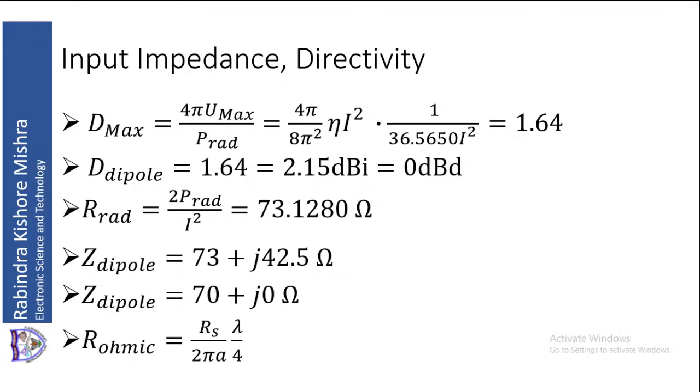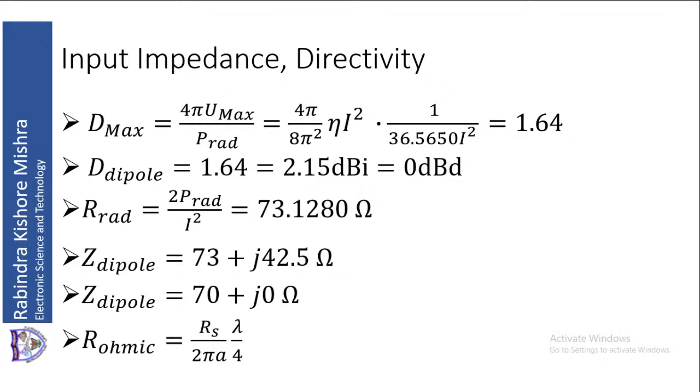If you go to dB and compare it with an isotropic radiator, it will be 1.64 by the directivity of the isotropic radiator, which is 1. So you take that, and that will give you 2.15 dBi. dBi, I stands for isotropic, so the ratio is taken with respect to isotropic.